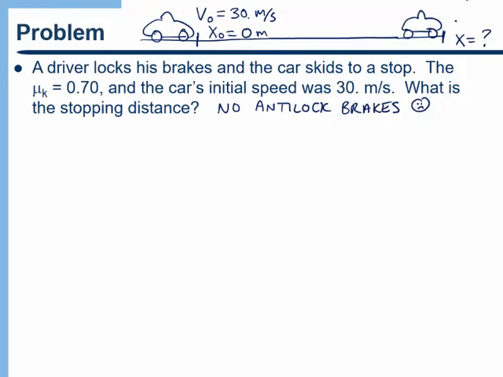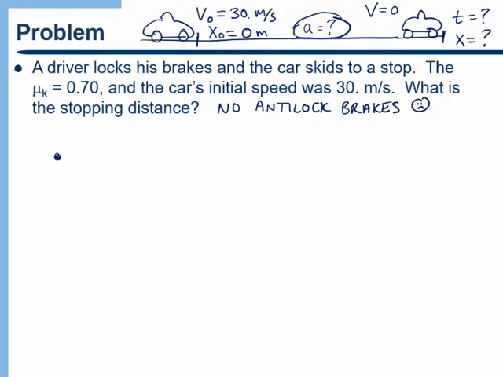You'll notice that we don't know how much time it takes for this stop to occur, but we do know the final velocity is going to be 0. In order to solve this problem, we're going to have to find the acceleration, and therefore we can use Newton's second law to figure that out. Let's draw the free body diagram for the car while it's stopping.